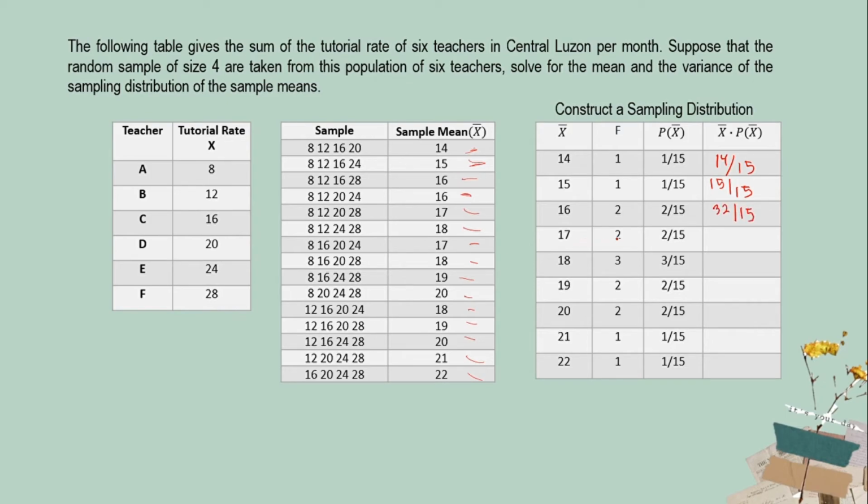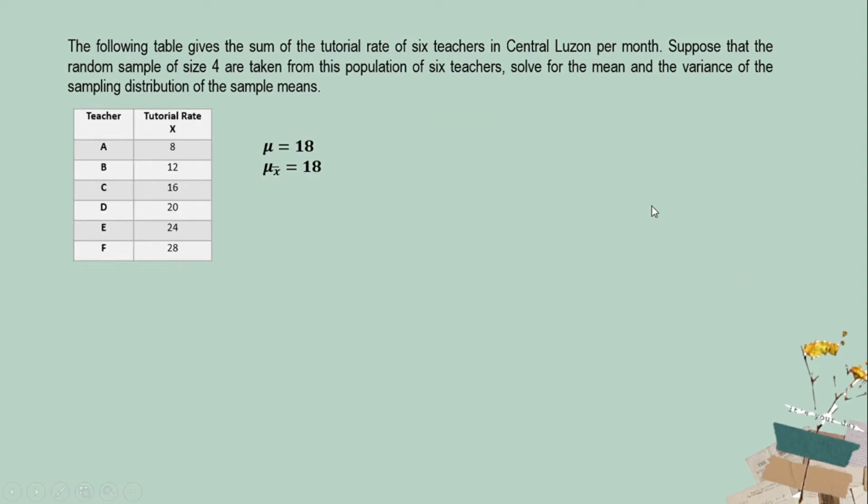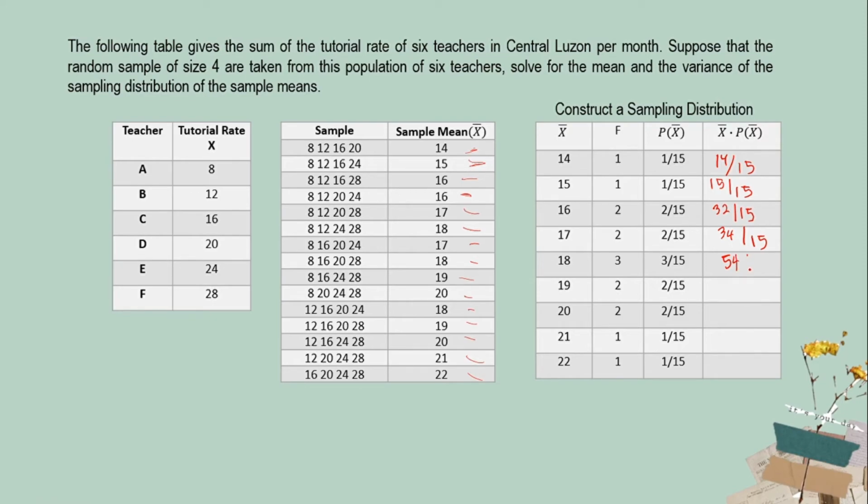Then 17 times 2 over 15 is 34 over 15. 18 times 3 over 15 is 54 over 15. Then 19 times 2 over 15 is 38 over 15. 20 times 2 over 15 is 40 over 15. 21 times 1 over 15 is 21 over 15, and 22 times 1 over 15 is 22 over 15.